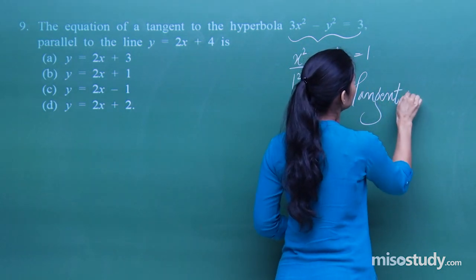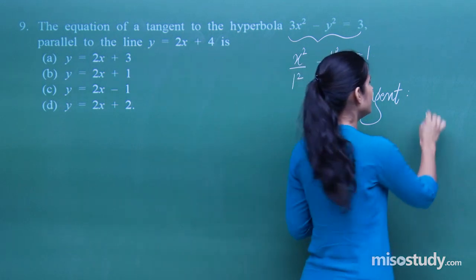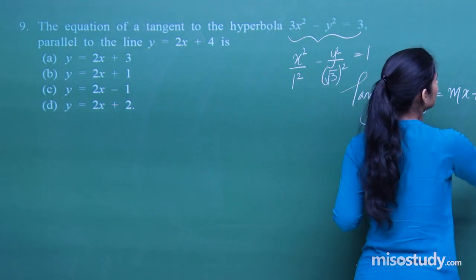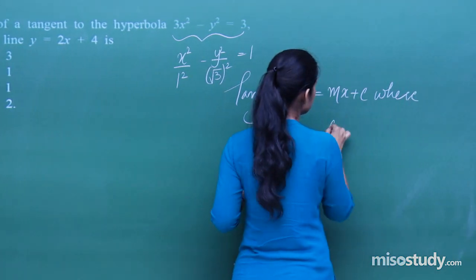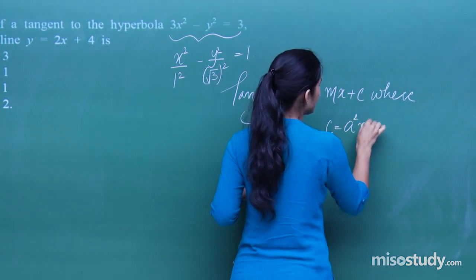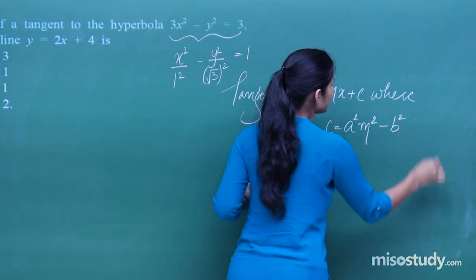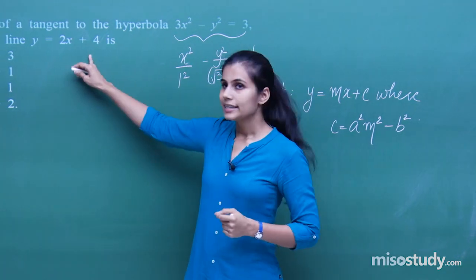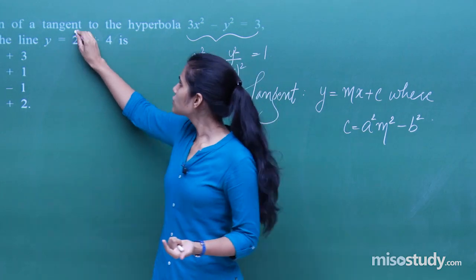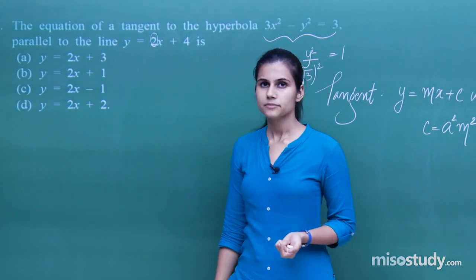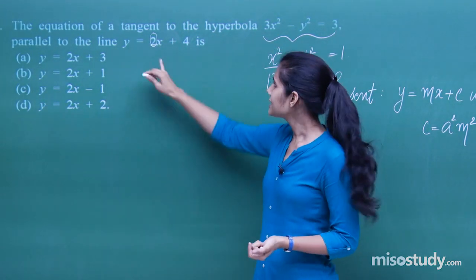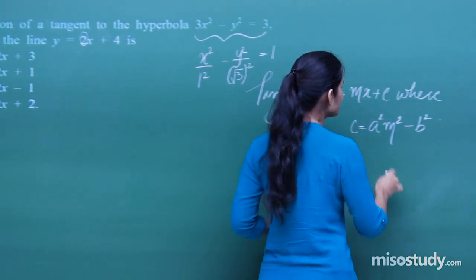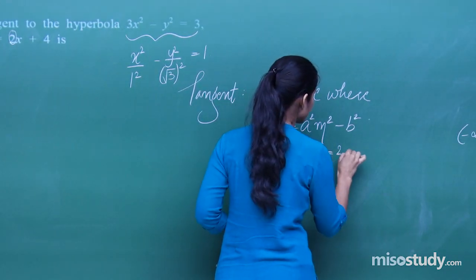It is given by y equals mx plus c, where c square equals a square m square minus b square. Now the tangent is parallel to this line, and parallel lines have the same slopes. The slope over here is 2, right? It is actually minus 2 by minus 1, so it is 2.